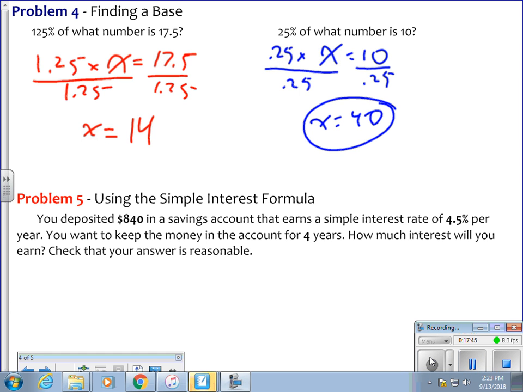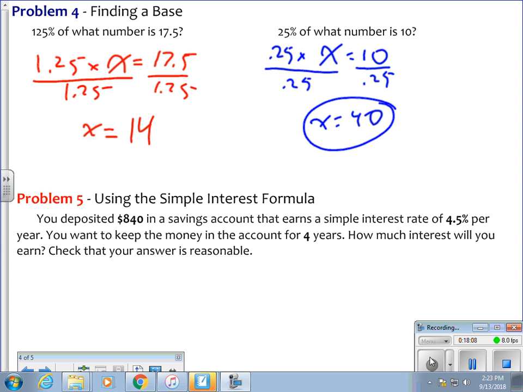Once again, let me reiterate. If you are not comfortable with this, but you are comfortable setting up the proportion, please, by all means, set up the proportion and solve it using the proportion. If that's what you're more comfortable with, please do that. This is what I'm comfortable with, so this is what I do. But either way will get you the correct answer.